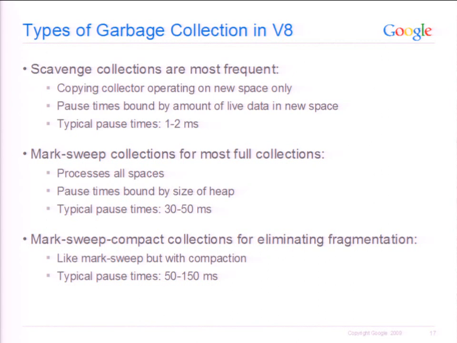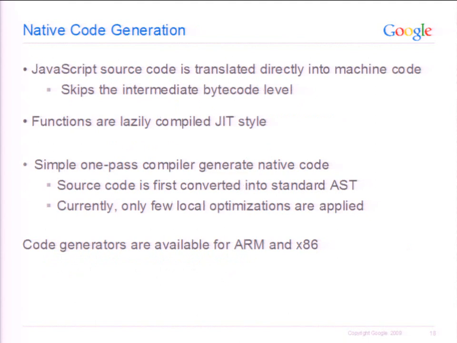In particular for mobile phones, where you don't have too much memory, this is a good thing to have. So if you ever think about implementing a virtual machine for any object-oriented language, do not implement a conservative collector, because that will make it impossible to move objects.